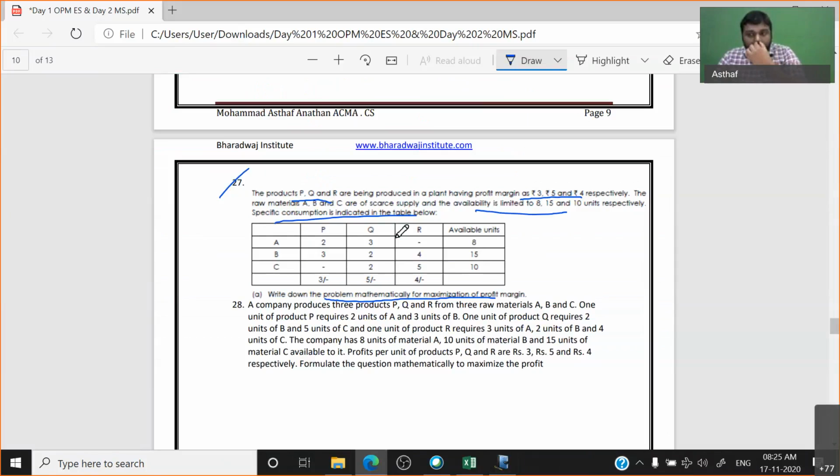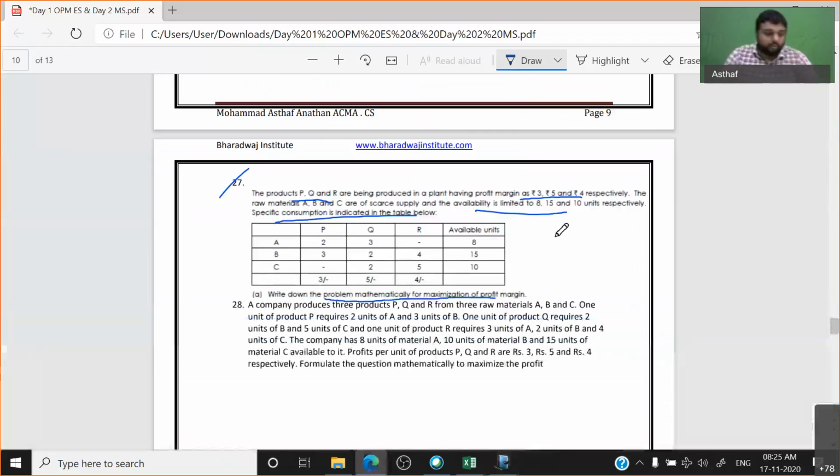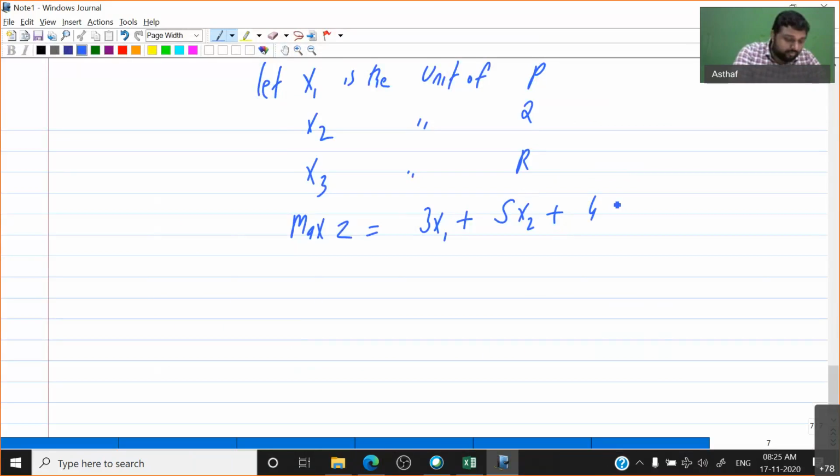Our profit is 3, so 3x1 plus 5x2 plus 4x3, subject to all the conditions.